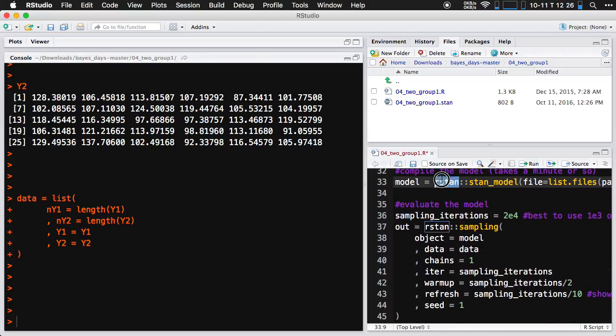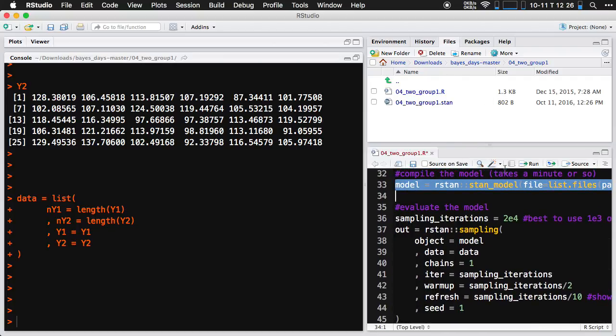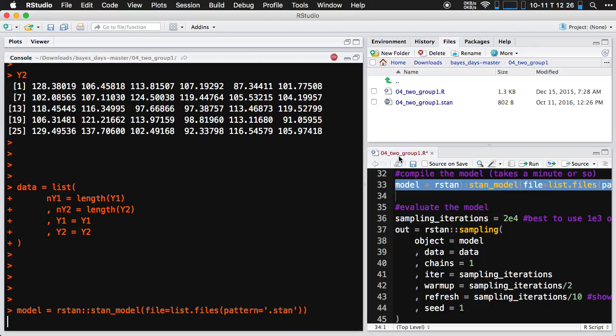We will run this. Slightly different syntax here. It's going to look in the folder and find any file named .stan. I did that because I was making a lot of these files and I didn't want to keep typing the names in. So this should work if we double check now. It's in the right directory, so it's going to find this file and compile it.